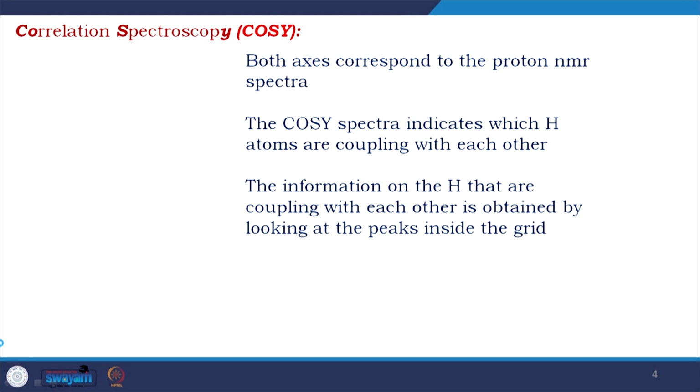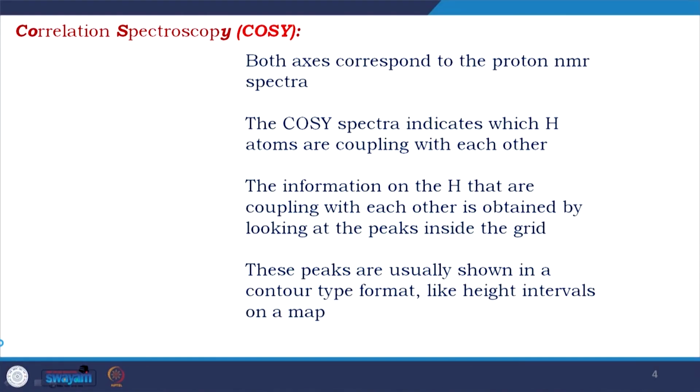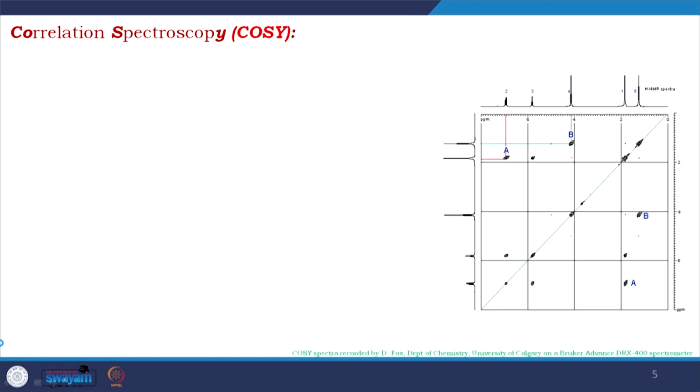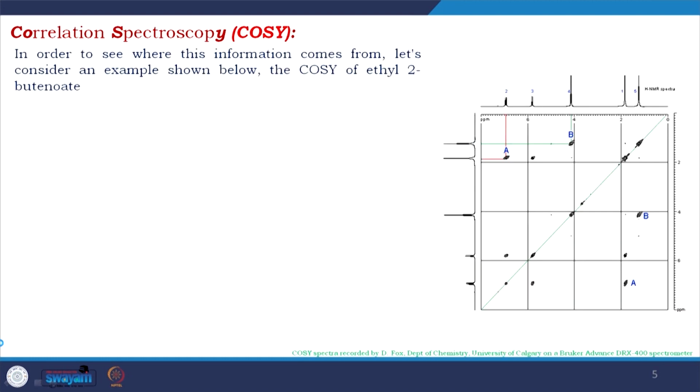As we talked about already, there will be two axes, both 1H and 1H, and then we look at the cross peak. If we find a cross peak, we know that this hydrogen is interacting with that hydrogen. So, that is a simple process. These peaks are usually shown in a contour type format like height intervals on a map, but we will show it in a grid. So, this is a COSY plot.